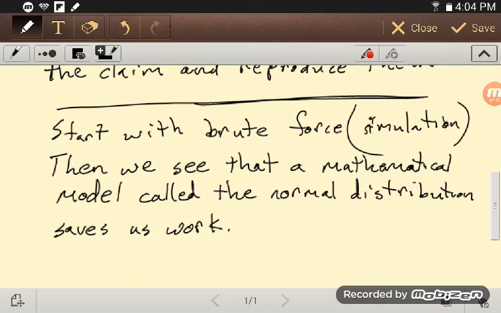But then what we see is, well, this brute force thing is kind of a pain and can get very complicated very quickly. And so life is just much better if we can use this thing called the normal distribution. All right, so that's our overview from Chapter 2.